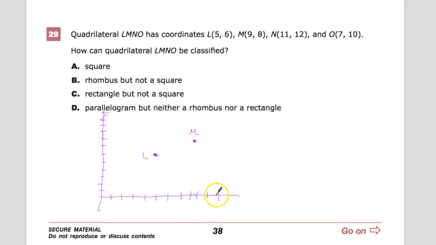N is at 11, all the way up to 12, so up here, that's where N is located, and O is at (7, 10).